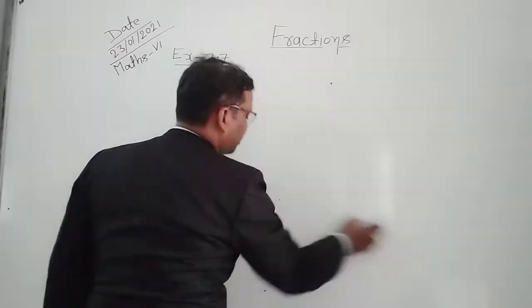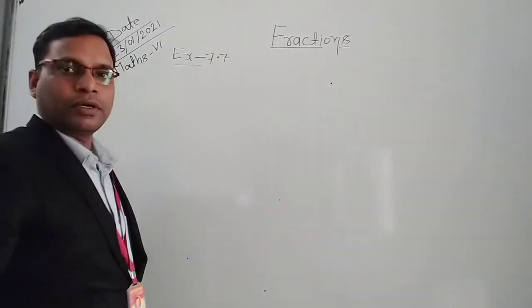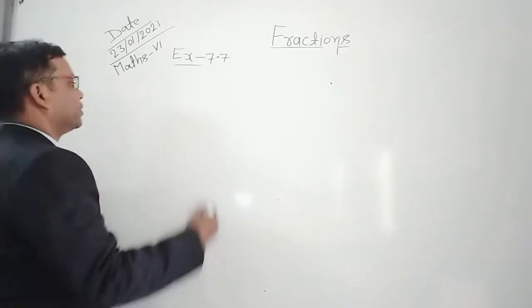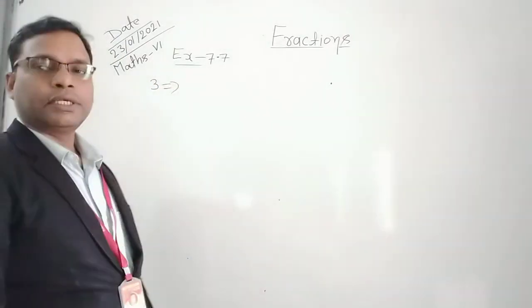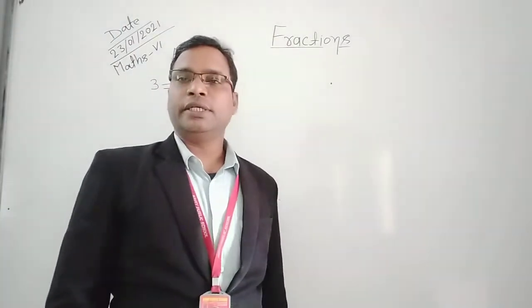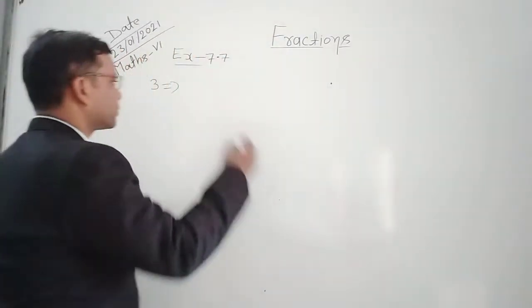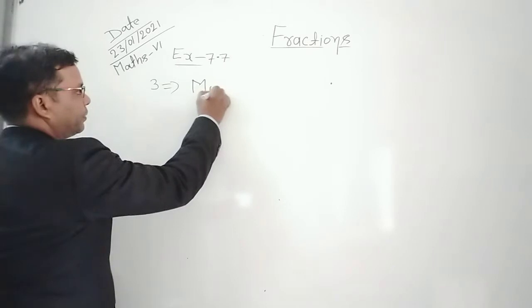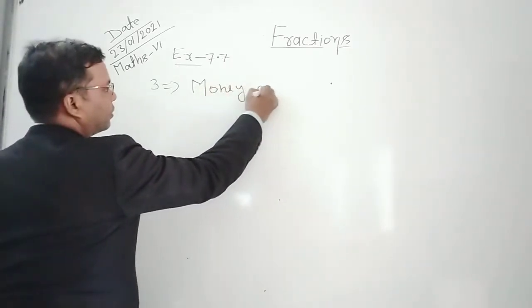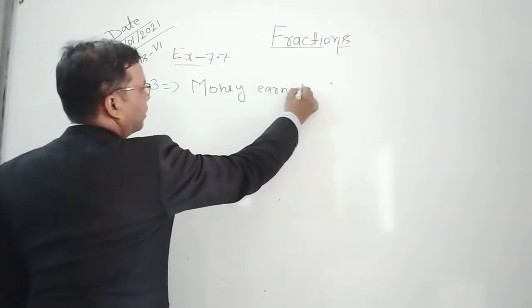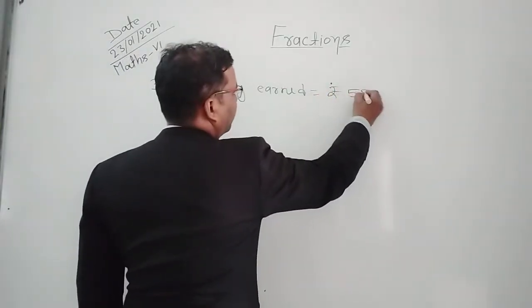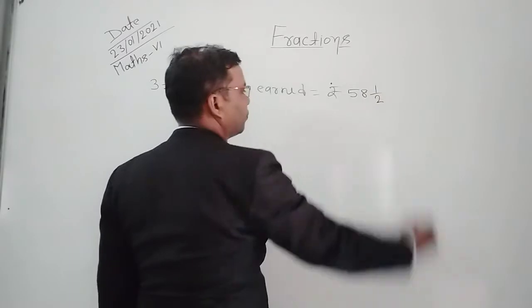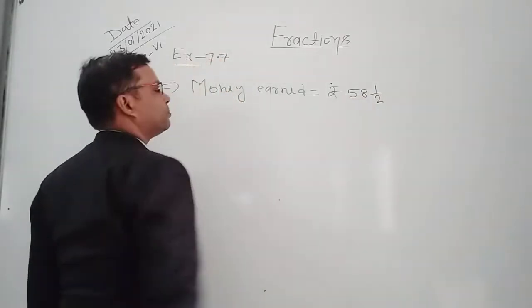Okay. Now, question number 3 here. First we write here money earned. This is equal to 58 rupees 1 by 2. Okay. So you can convert it into an improper fraction.